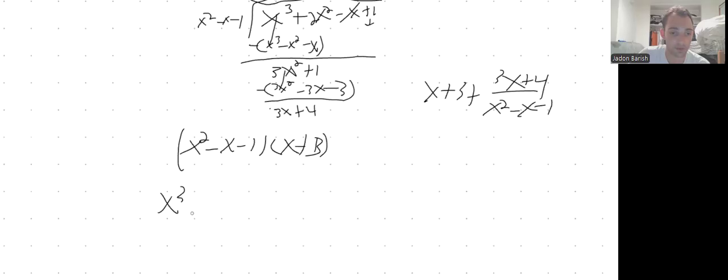So that's plus 2x squared. And then you say, all right, minus 3x minus x, minus 4x, and then minus 3. Now, why is this good? Well, because if I were to multiply this by that, you add 3x and you add 4 and you end up with your ending here.